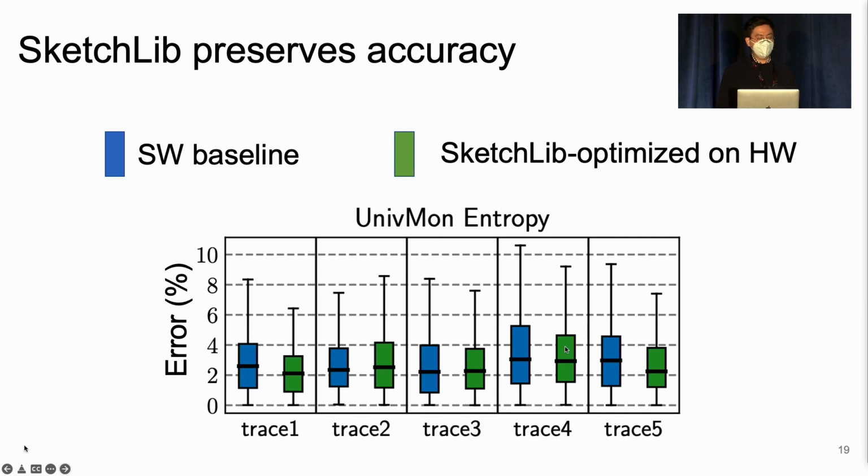The blue bar means the accuracy result before optimization, which we call the software baseline. The green bar means the accuracy result after optimization, which we call SketchLib optimized on hardware. We can see that across all 5 different data sets, the accuracy is similar before and after optimization, meaning that the difference in median error is less than 1%.